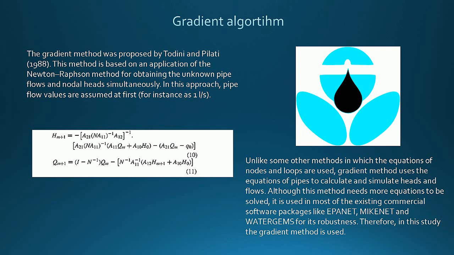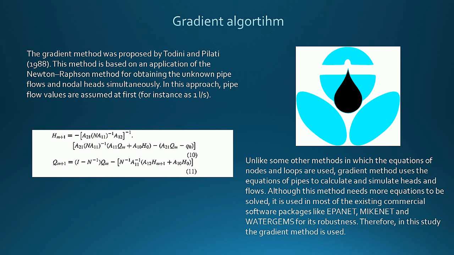Improved pipe flow values from the first iteration are considered as the initial values for the next iteration, and this procedure continues until the maximum difference between the calculated pipe flows in two successive iterations is small enough.